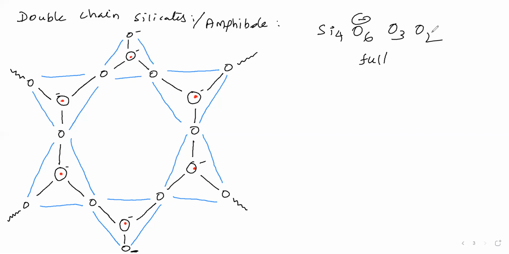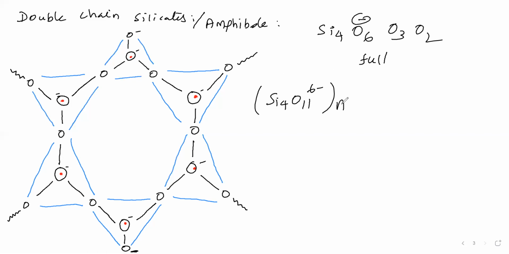Off share, therefore 2. Totally oxygen is 9 plus 2, so Si4 O11. Negative charge here 1, 2, 3, 4, 5, 6. Negative charge is 6. This is the repeating unit for double chain silicates. So double chain silicate means Si4 O11 6 minus.